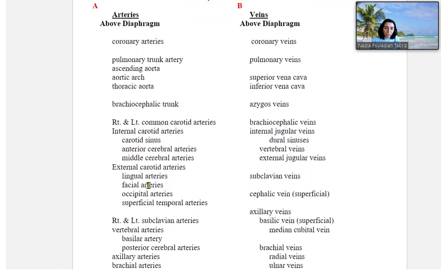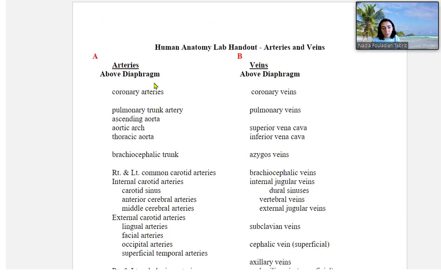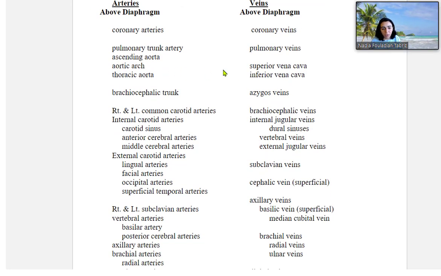As you see, these are the arteries above the diaphragm, veins above the diaphragm. I put these two next to each other to make it easier to compare and to see that in which places they have the same naming and what are the differences in the naming of the things. But as you see, they are going alongside each other with some exception, for example, azygous vein, right?